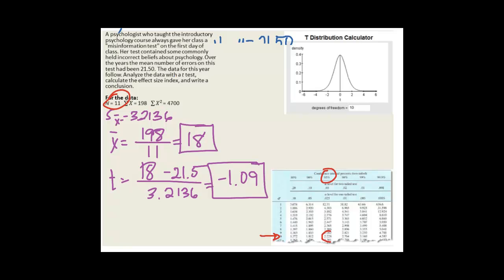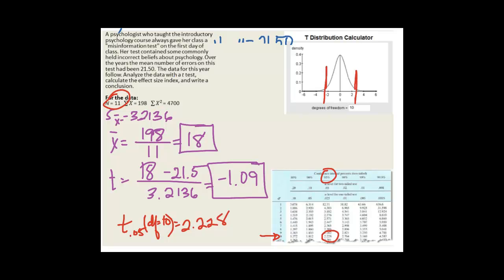And I see that my value for t sub alpha is 2.228. I'm pretty sure that's what that says. 2.228. And so 2.228 is what I would call my t sub 0.05, parentheses, DF equals 10.